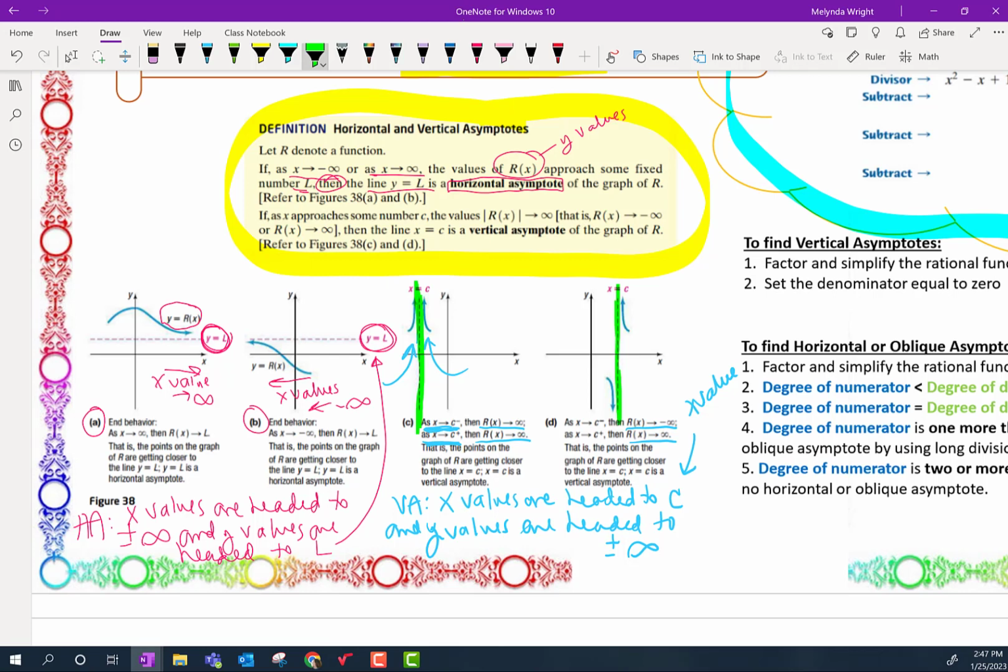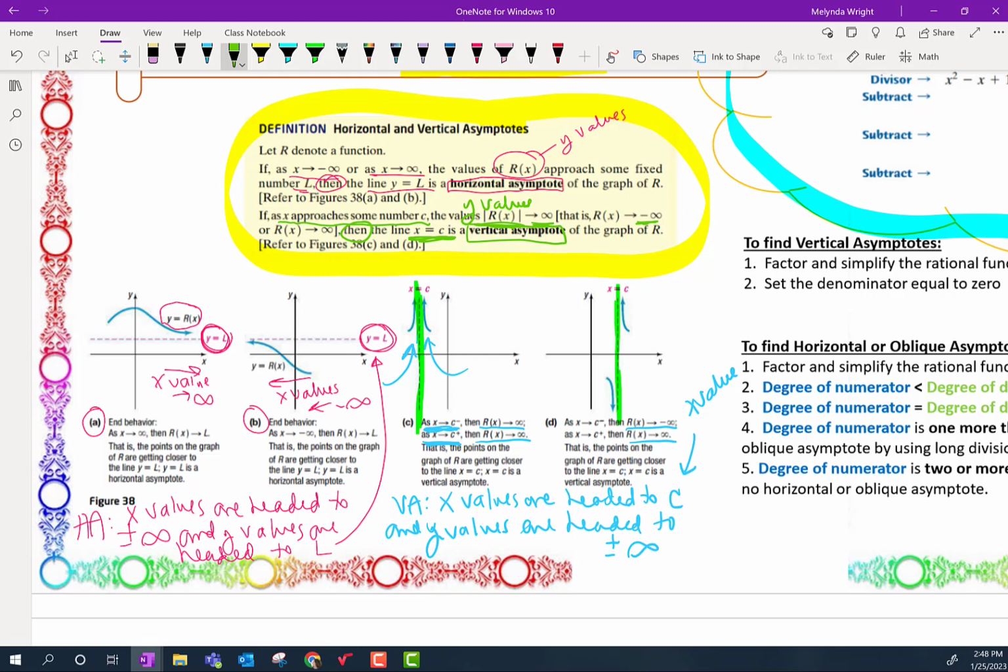As we look up here on the words, as x approaches some number C, the y values approach infinity or negative infinity, then the line x equals C is a vertical asymptote. Okay, so that's how it looks graphically. Questions about how it looks graphically?